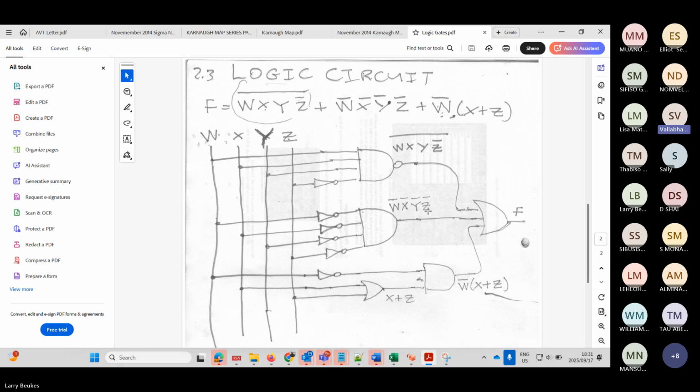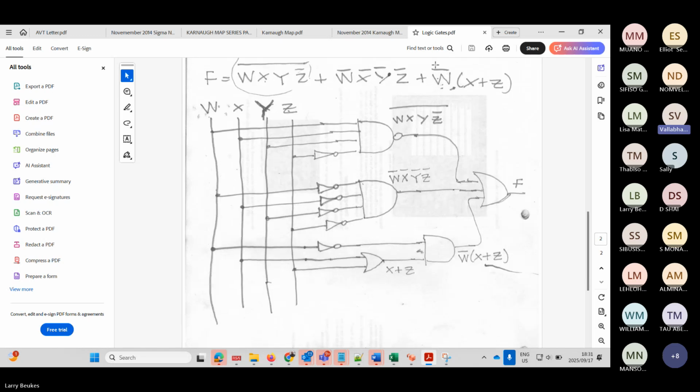Next, let's consider the third term. The third term says W bar, in the bracket, X plus Z. So first you should take this input W and just add an inverter to it. It becomes W bar. This W bar should be ANDed with X plus Z. Whenever there is a plus sign, you should always use the OR gate.